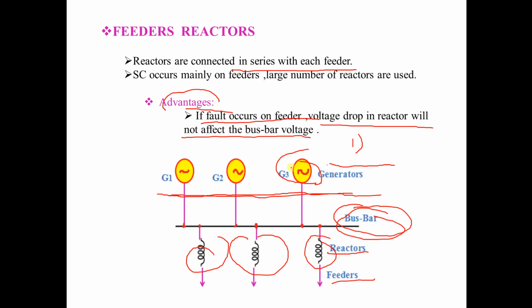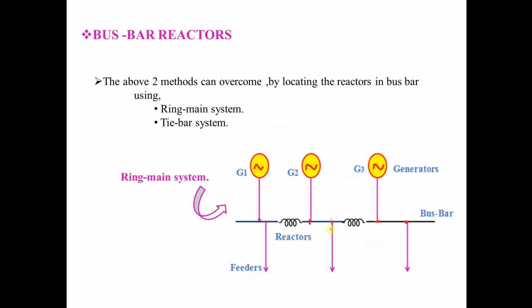So if I am increasing the number of generators, the feeder size is also increased, to keep the short circuit current within the ratings of the feeder circuit breakers.